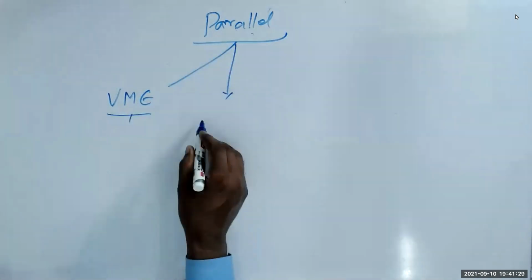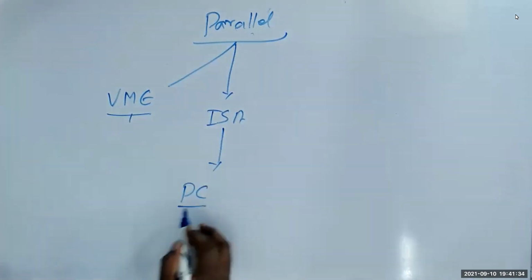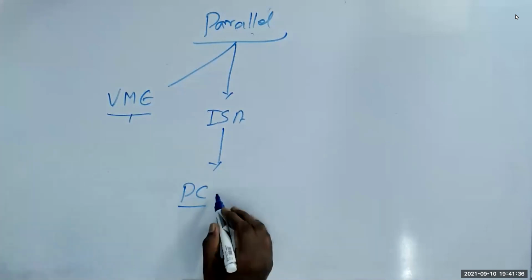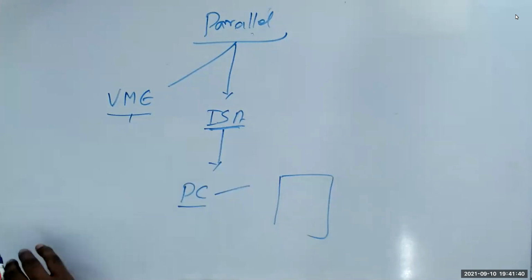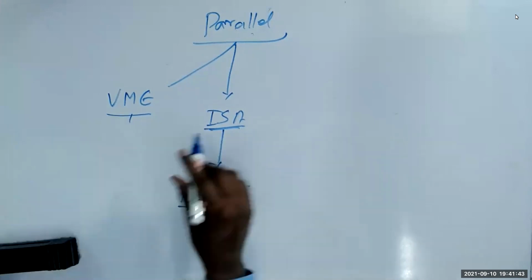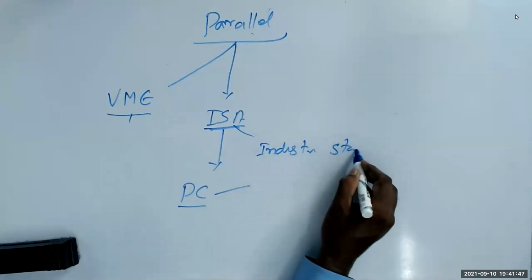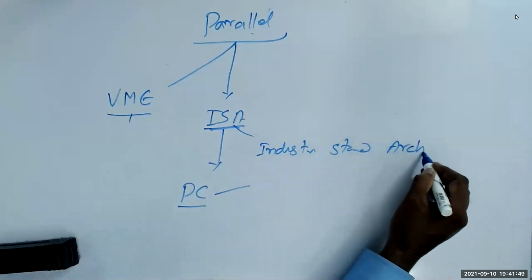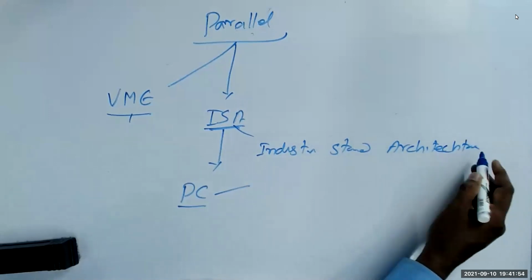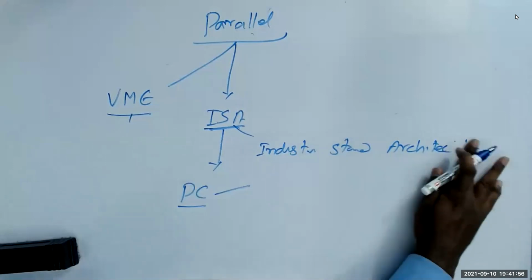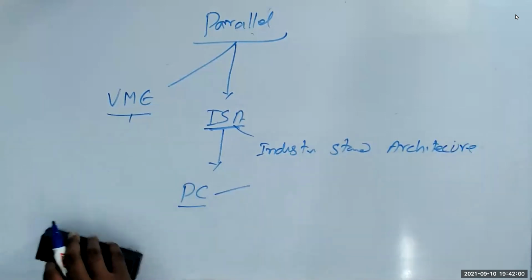Then came ISA, which came on the PC. The first IBM PC had a bus called ISA, Industry Standard Architecture.